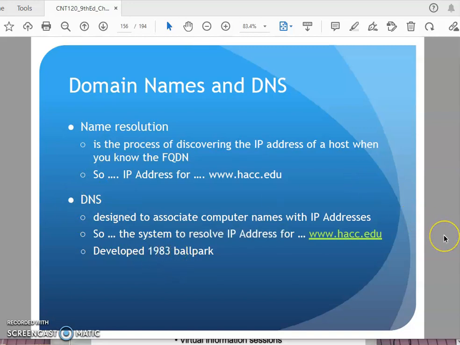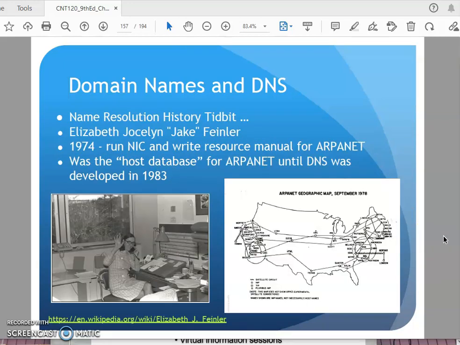Now, interesting side note, a little history tidbit: prior to that, back in 1974, a woman by the name of Elizabeth Feinler, nickname Jake Feinler, was hired to run the network operations center, if you will, and write a research manual for Arpanet.